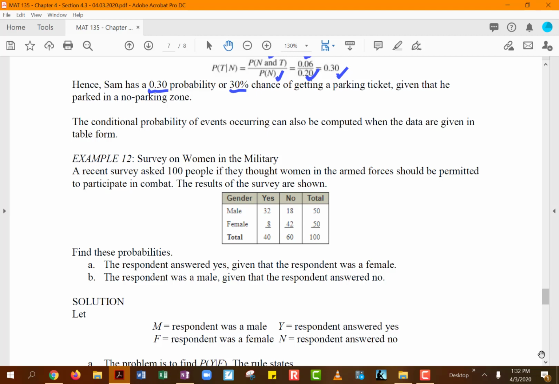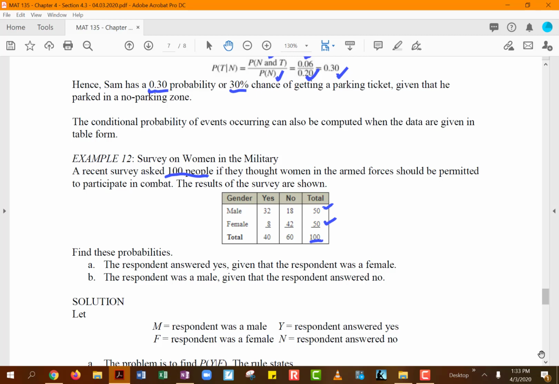Okay, so let's take a look at this guy here. This is saying a survey asked 100 people if they thought women in the armed forces should be permitted to participate in combat. So here's the result of that survey. Out of those total of 100 people, there were 50 men and 50 women, because you can see that's the total.